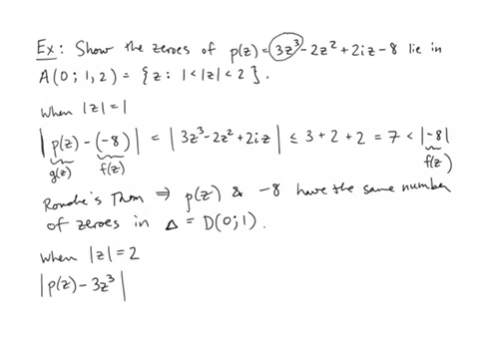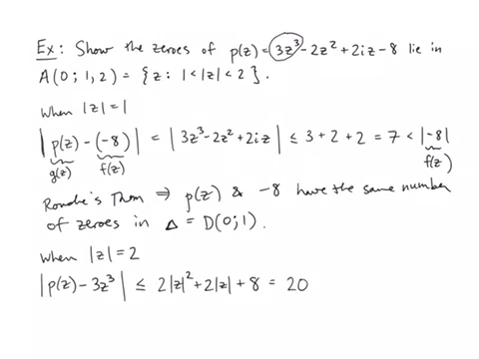And by the same type of argument, using the triangle inequality, what we find is we have 2 times norm z squared plus 2 times norm z plus 8. Just using the triangle inequality and then substituting in 2 there, we find 8 plus 4 is 12, plus 8 is 20. And so that's equal to 20.